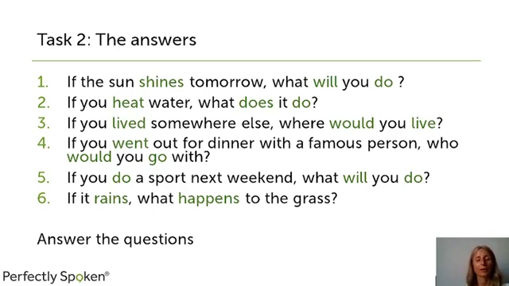I think he's my winner, David Attenborough. And number 5, if you do a sport next weekend, what will you do? If I do a sport next weekend, I will go swimming. What will you do? And if it rains, what happens to the grass? If it rains, the grass gets wet, guaranteed.